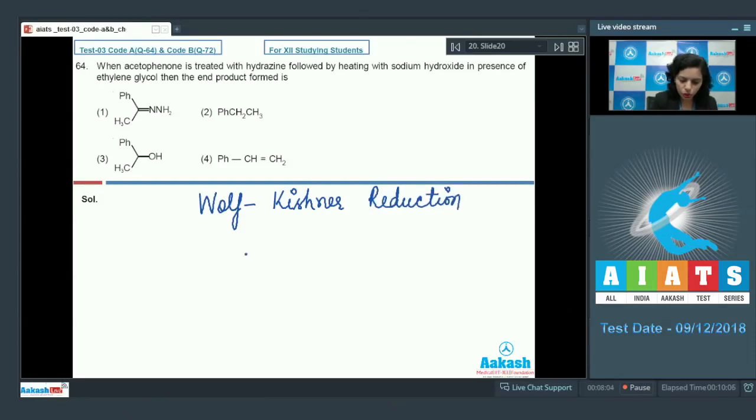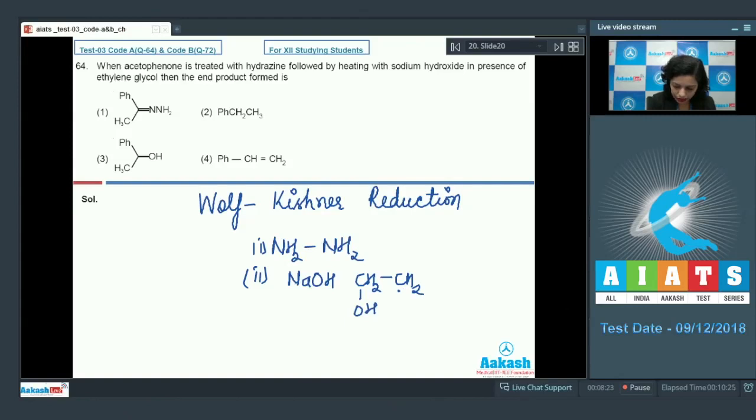The reagents which we are using here, hydrogen, followed by sodium hydroxide in the presence of ethylene glycol. These are the reagents which we are using.